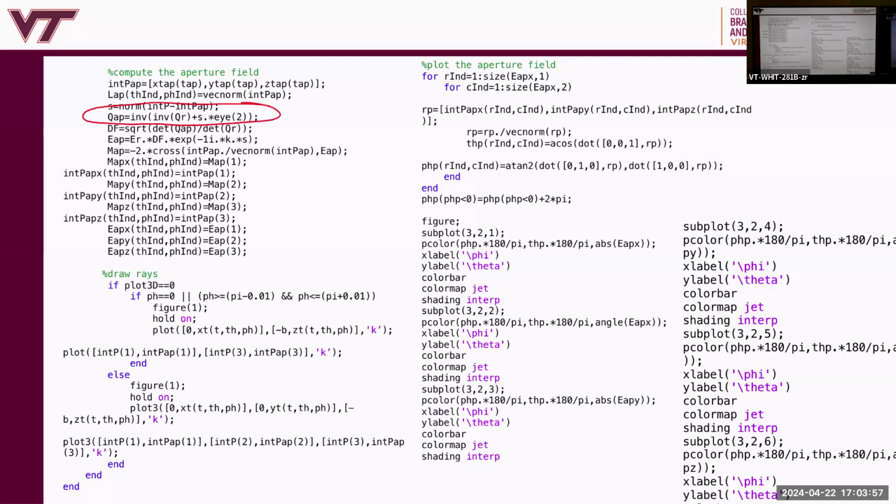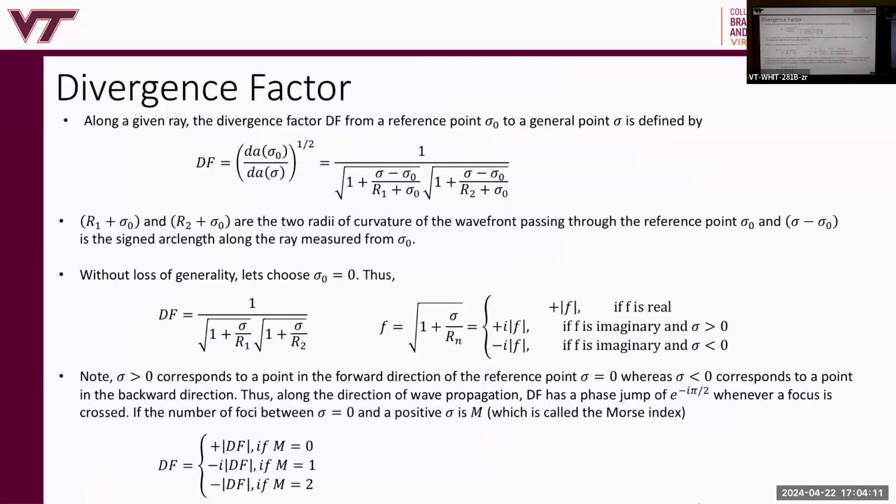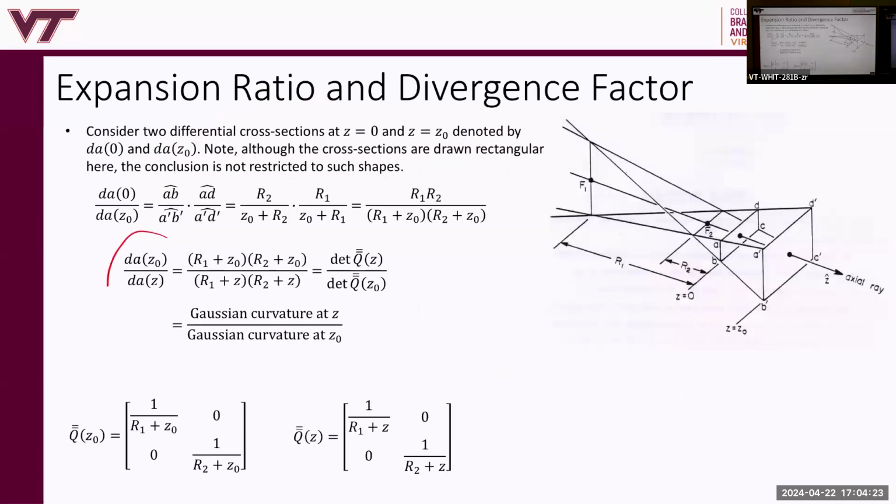Now that we have the Q matrix at the aperture plane, we can calculate the divergence factor by using this formula. Let me show you that. The divergence factor is given by the square root of dA at sigma naught over dA at sigma, but we know that dA at sigma naught over dA at sigma is equal to the ratio of the determinants.